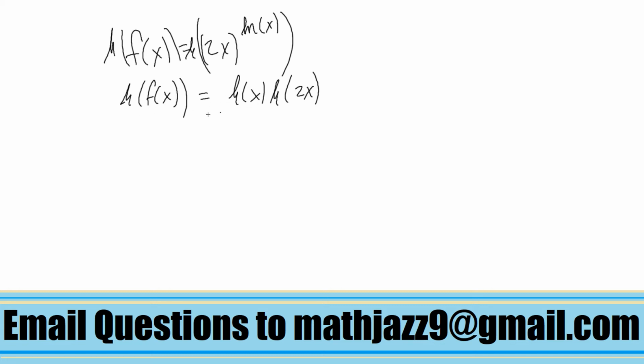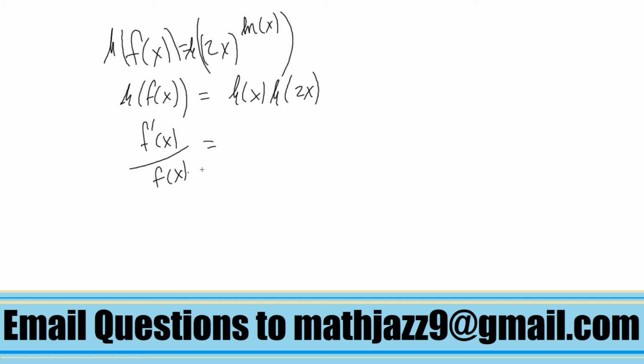Now from here we can take the derivative of both sides. This side is a chain rule. It's f prime of x over f of x by the chain rule. If you need me to do that slower, say that in chat and I will do that for you. If you don't need me to do it slower, I'm just going to move on.